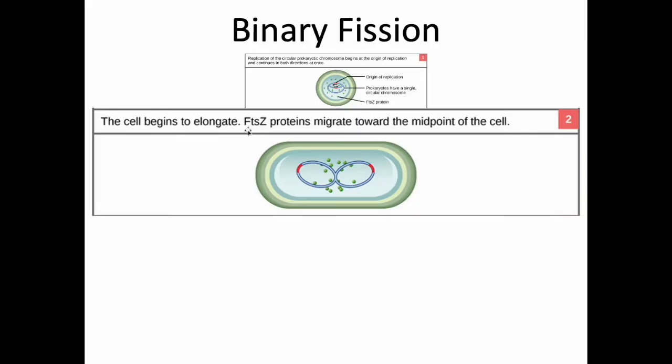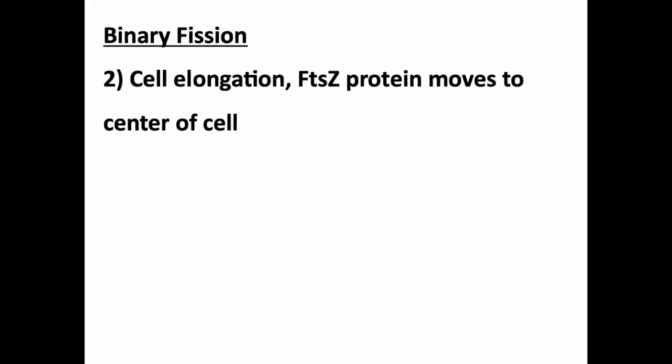It's how microbiologists like to name proteins. We'll see a couple more examples of this later in the quarter. But yes, during elongation, these FtsZ proteins start to move towards the center of the cell. We'll see why soon enough. So in summary, step number 2, cell elongation, and FtsZ protein moves to the center of the cell.